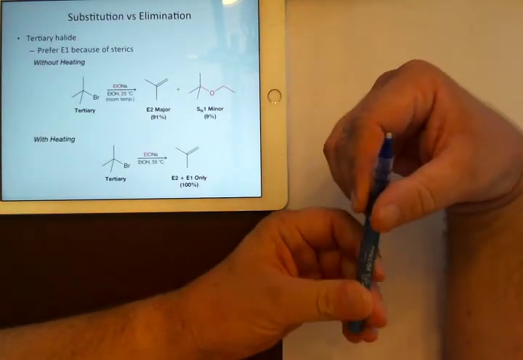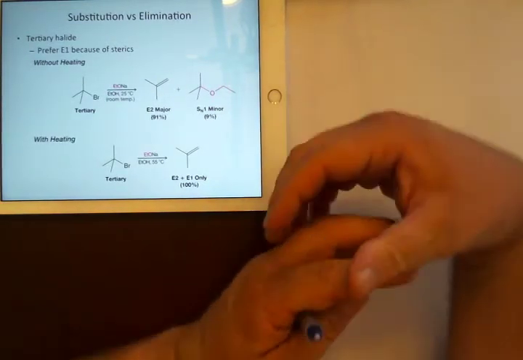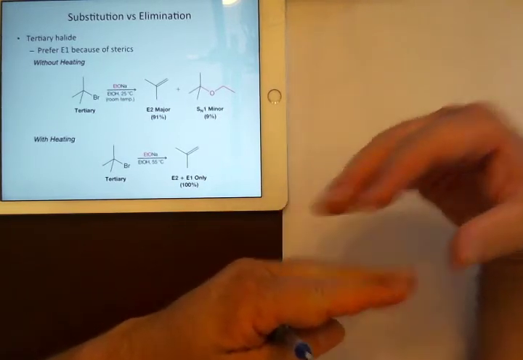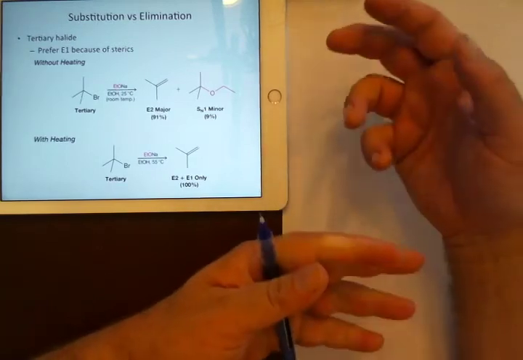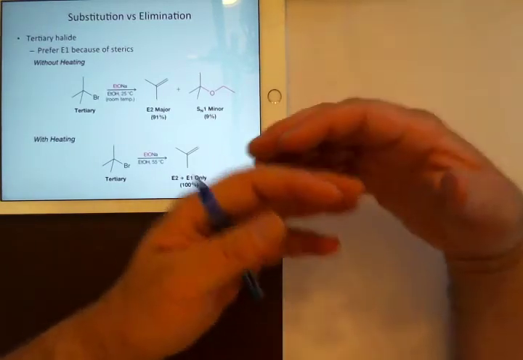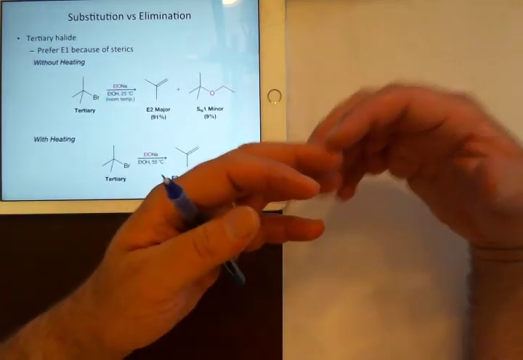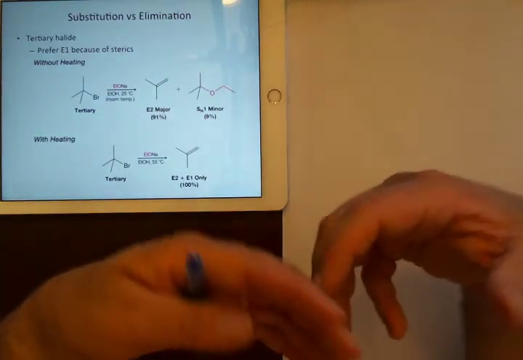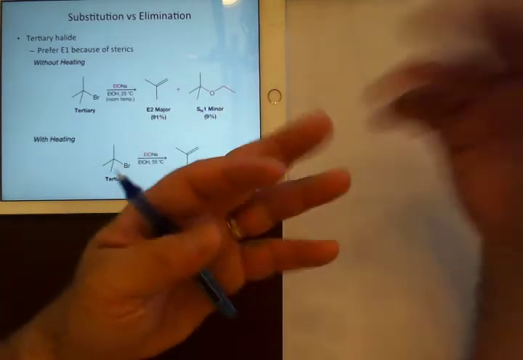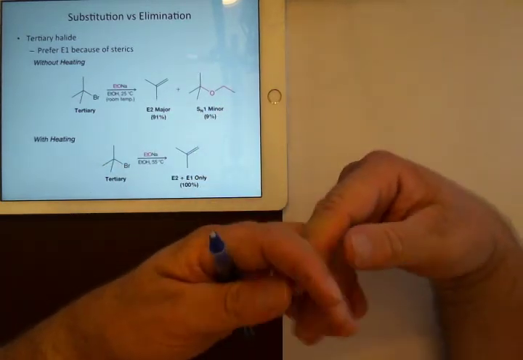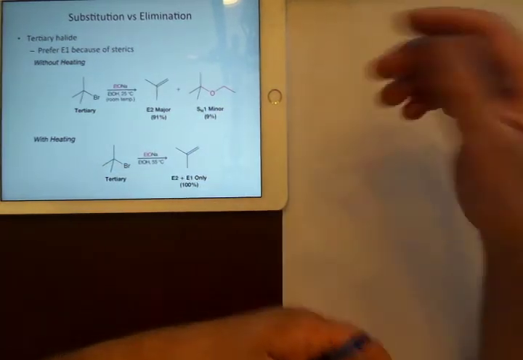So it's pretty tough to get this, particularly if everything is small. So with your small primary carbon with the leaving group and a small base, you can do SN2. If it gets any sort of bulk to it, so your secondary carbon with the leaving group, or a slightly larger base, like an isopropyl group on there, you're going to favor the elimination reaction.